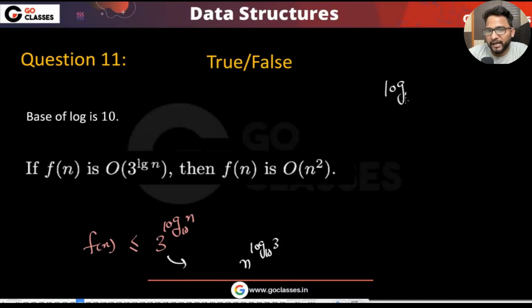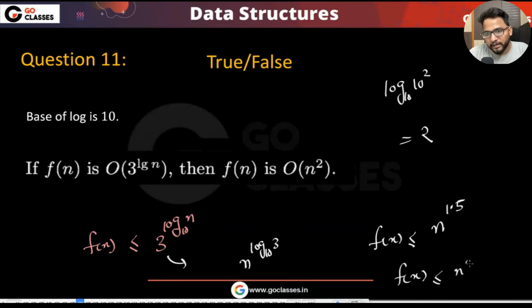Because log base 10 of 100 is 2, and if I'm putting 3, then it is definitely less than 2. And if f(n) is less than or equal to n power something lesser than 2, let's suppose 1.5, then it is also true that f(n) is less than or equal to n square. Tell me, can it imply this? Let me know.